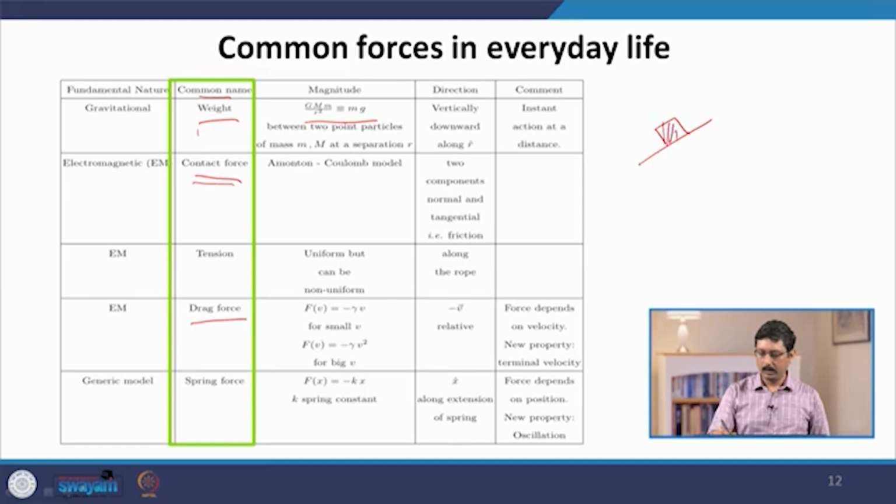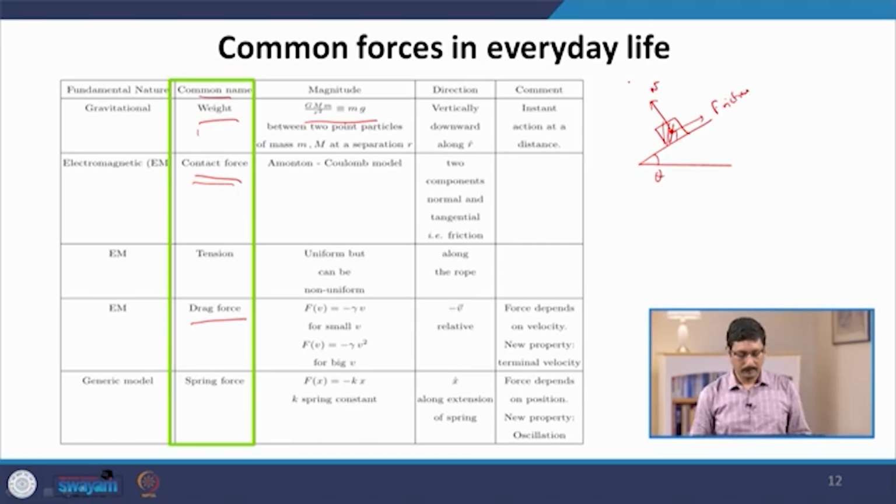This is a block on an inclined plane with an angle theta, and there is a force of interaction between the block and the plane, which in general has two components: the component tangential to the plane, which represents the friction, and the component normal to the plane, called the normal component of force. We will come back to this force in more detail later, and take examples of that.